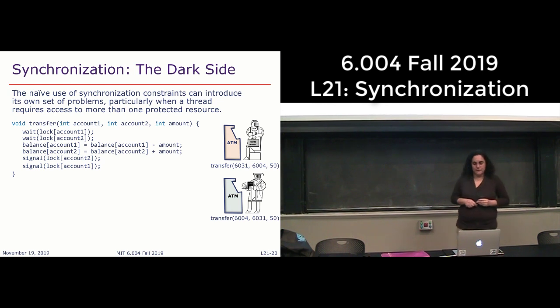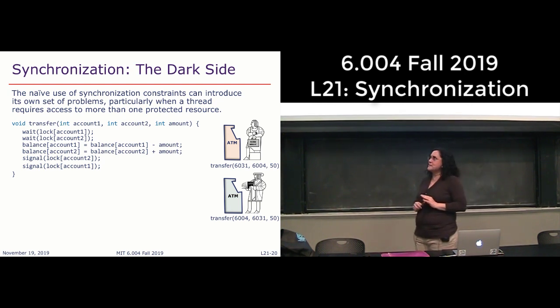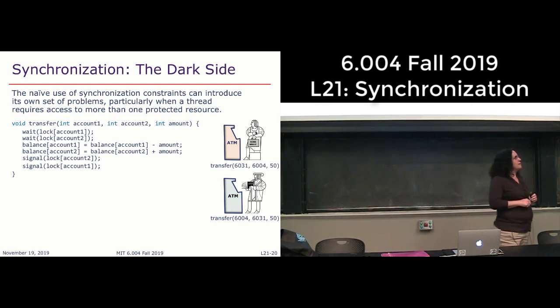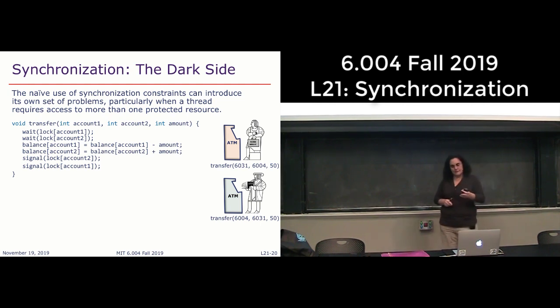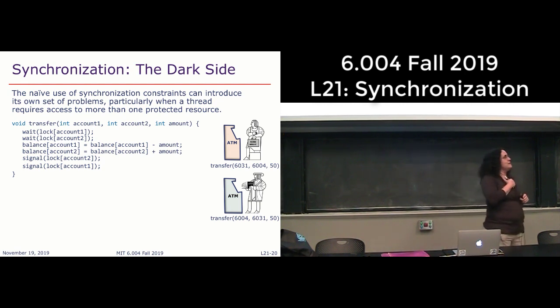Okay, so we're almost done talking about synchronization, but there's one other issue that we need to concern ourselves with, which is kind of shown in this example right here. So, what can go wrong even when we use semaphores?